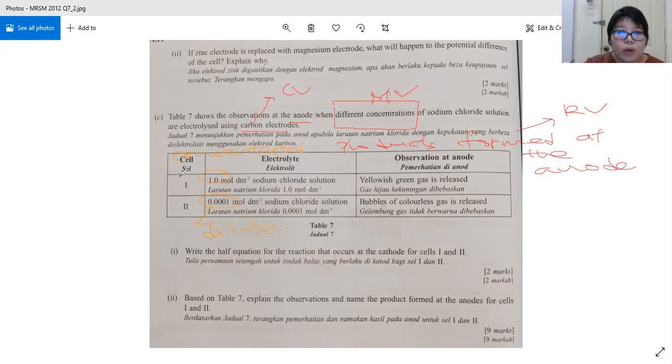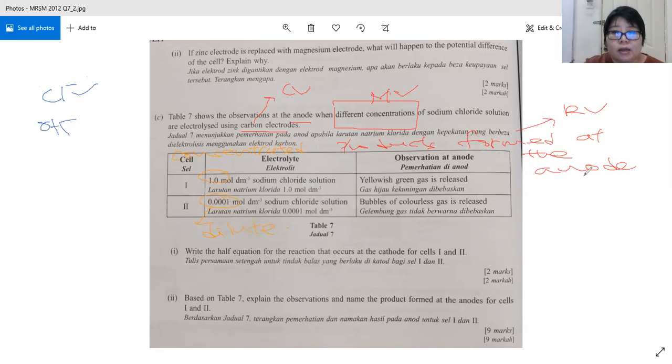Now, when this is concentrated solution, we are talking about the anode. So, what are the anions which is being selectively discharged? In sodium chloride solution, now we are talking about anode, so we go for the anions. The anions will be the chloride ion and the hydroxide ion. Now, if it is concentrated and there is a halide, can you see this to be the halide? So this will be selectively discharged.